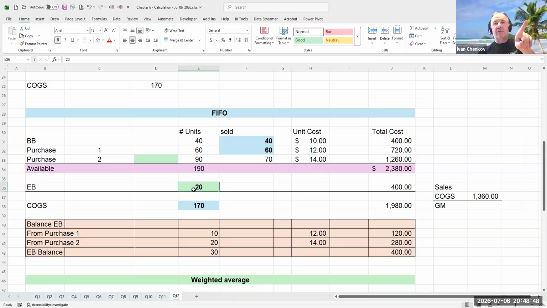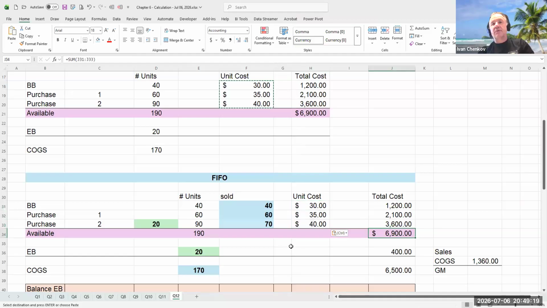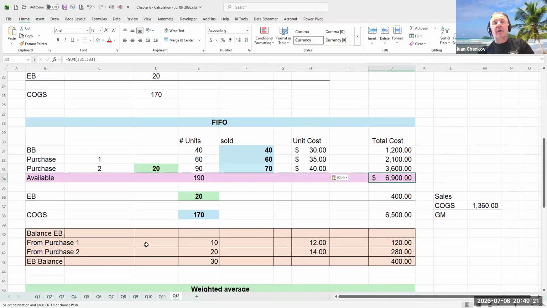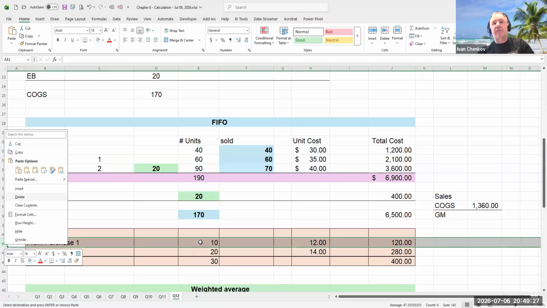The 20, let's go the opposite way. From the 20 ending inventory, which inventory stays with us? The very last one, correct? Do we have 20 units from the last purchase? Yes, we do. So that's where we are. Make sense? Again, you can go one way or you can go the other way. Anyway, you're going to get the same result. What do we need to have? Only the unit cost. See, unit cost is here. So what's my balance of the ending inventory? I have only 20 units, correct?